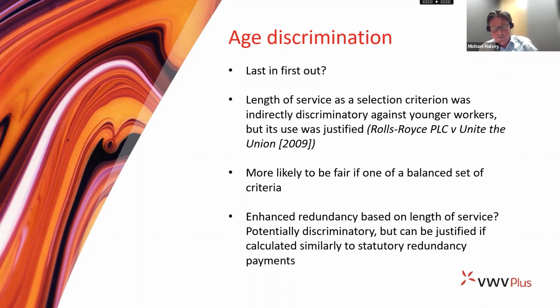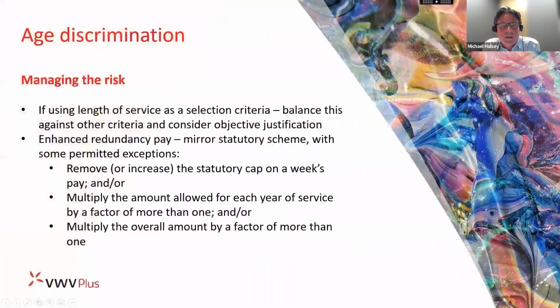So moving on to the last of the age discrimination slides. This summarizes some of the points I've already made. So if you're using length of service as selection criteria, balance this against other criteria and consider objective justification.